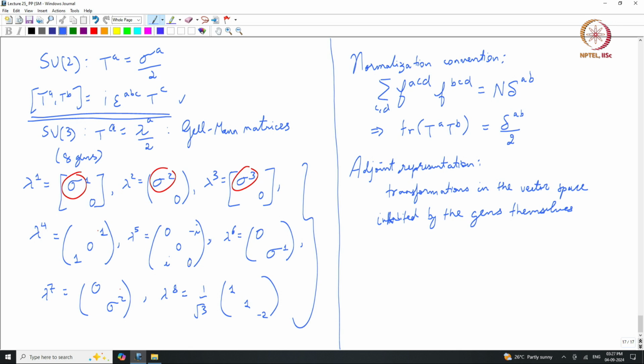And if you have transformations within that vector space, that's the adjoint representation. This is exactly why, since you have a vector space with 8 different directions or 8 different dimensions, that's why you have n square minus 1 dimensions in this representation, and so n square minus 1 gauge bosons.